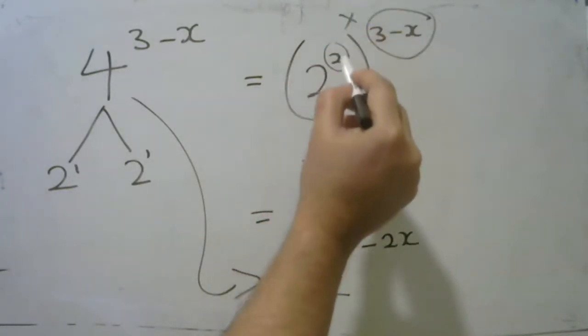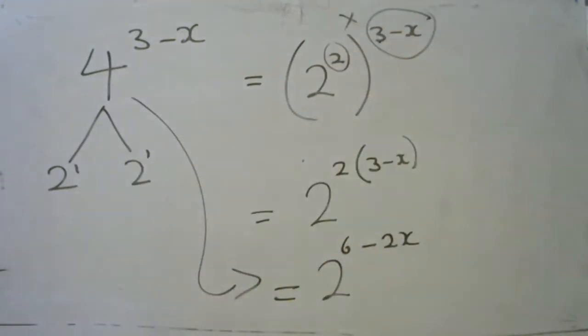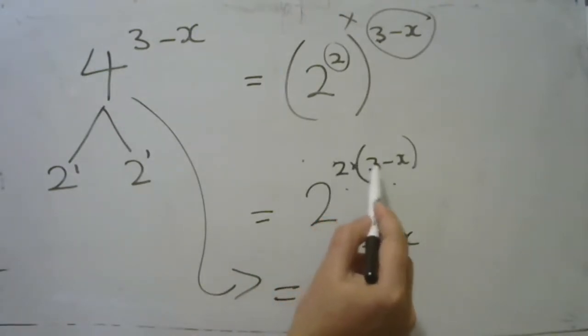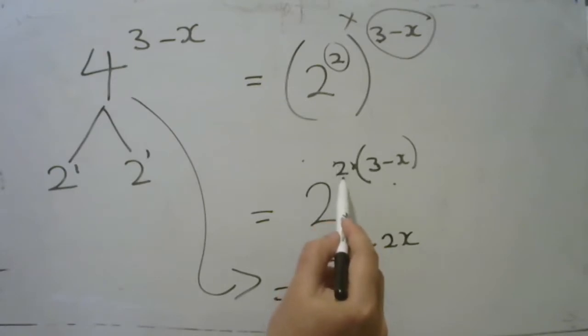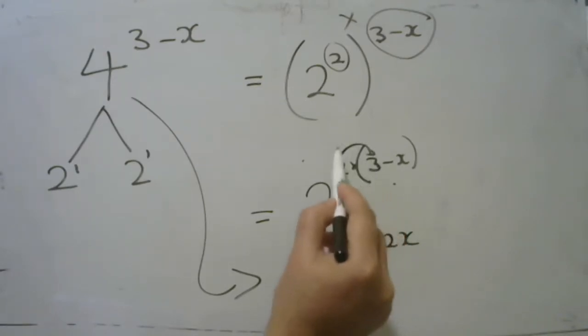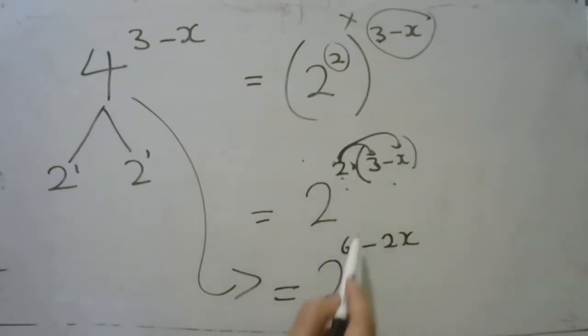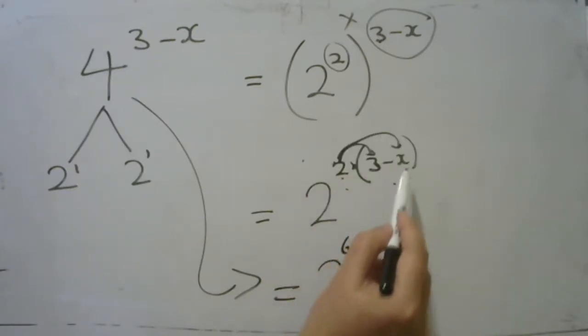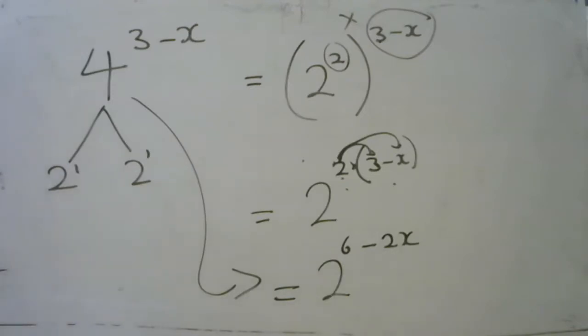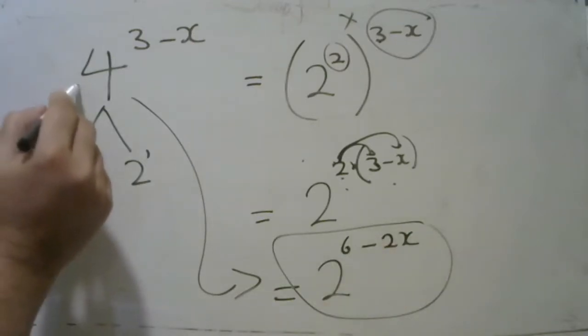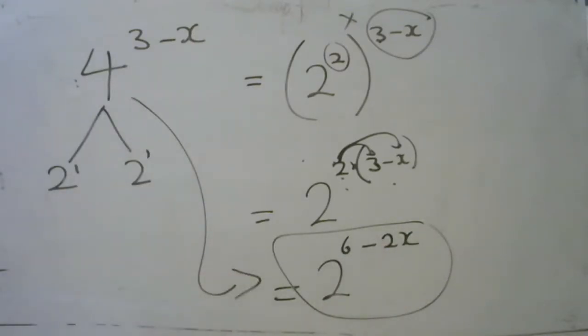So you multiply m by n. That's what I did here. And 2 times 3 is 6. The same 2 now has to multiply by the x. So 2 times 3 is 6. 2 times minus x is minus 2x. Right? That's how we get this answer. We went from here to here. Good?